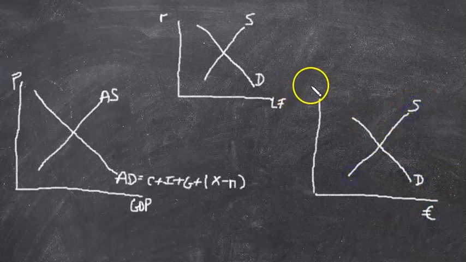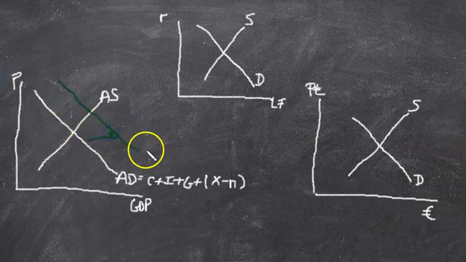And the supply, this is the price of euros, or the exchange rate. The price of euros. So let's do this for the European Union or France. So imagine the government wants to expand demand. We want to push the economy out, and so we will use fiscal policy to expand aggregate demand. The government will borrow money, let's say, boom, to push aggregate demand outwards.